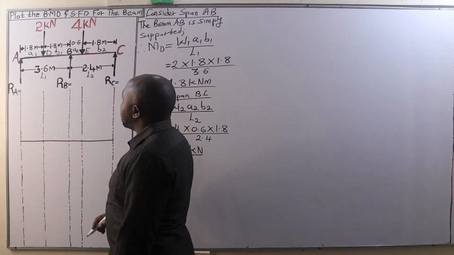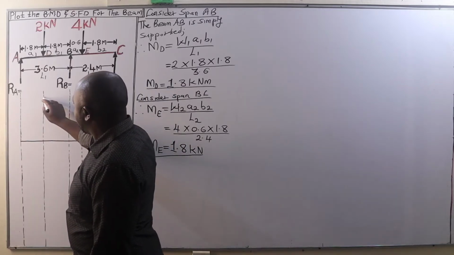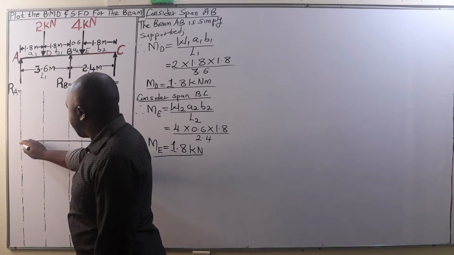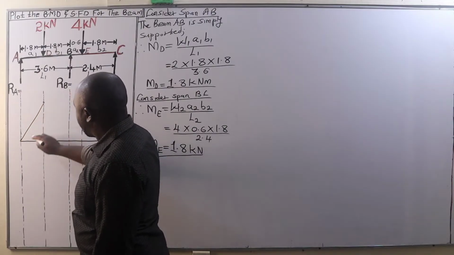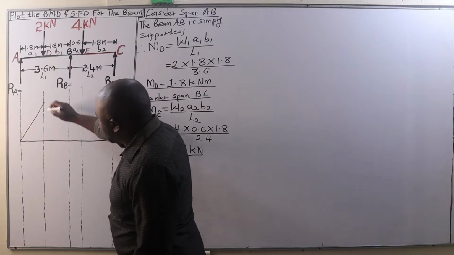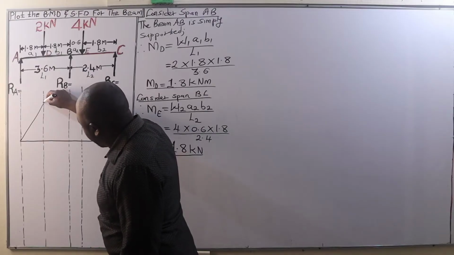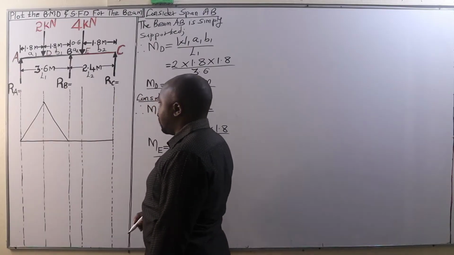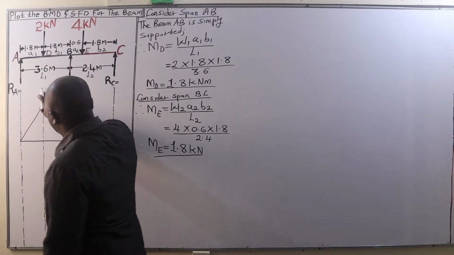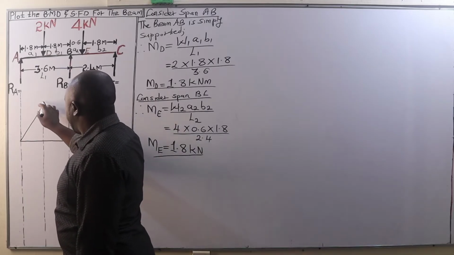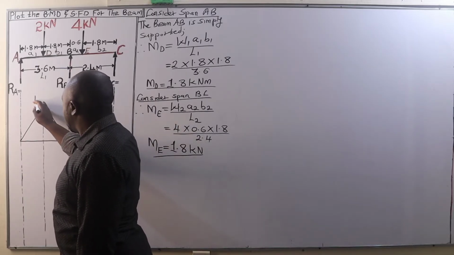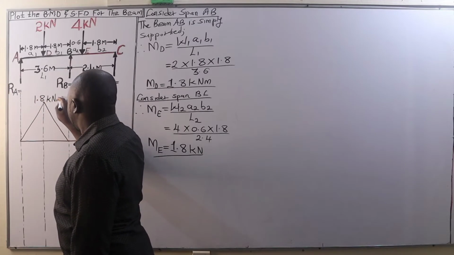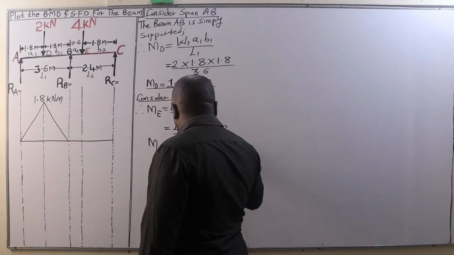Then 1.8, let's assume it is at that point, that is the point D. Therefore, we are going to join that point to the 1.8 kilonewton meter bending moment, and then we join it at that point. Therefore, the apex of this triangle is 1.8 kilonewton meters.